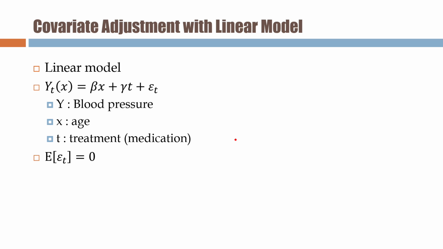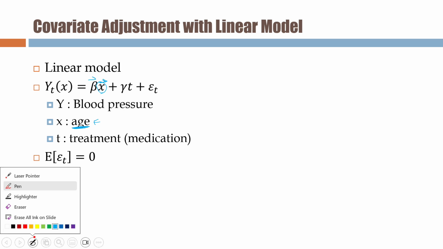Okay. So if we use covariate adjustment with a linear model, the linear model will be just like this. Here the x can be a vector, but we can just use a single number because we are using the age as the attribute of the patient, but actually we can have many more. So x can be a vector and beta can be a vector, but in this example, it's not a vector.